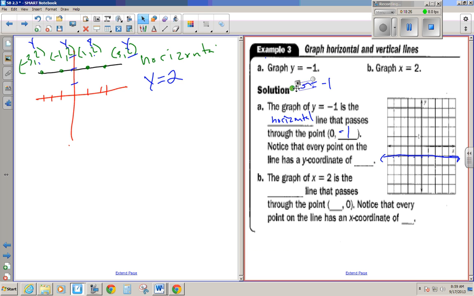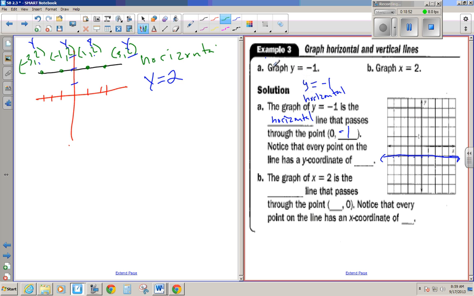If I rotated the y, what would it look like right now? Hopefully you're all saying, well, it might look like a little bit of a 5, but hopefully it looks like an H for horizontal. So y equals -1 is a horizontal line.